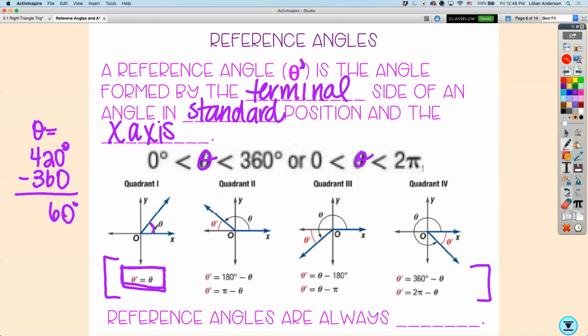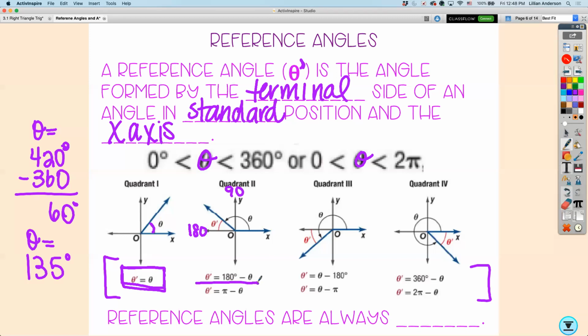Okay? Let's say your angle was 135 degrees. Well, theta is originally in between 0 and 360. I don't have to do any coterminal angles or anything. 135 degrees, is that in quadrant 1, 2, 3, or 4? It would be 2, because if you think about it, this is 90, this is 180, so 135 falls in between.